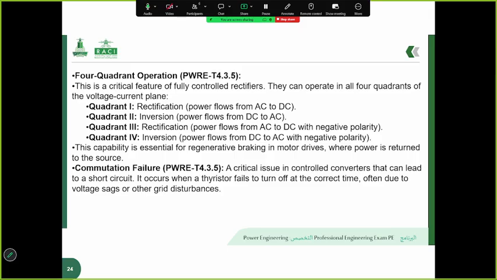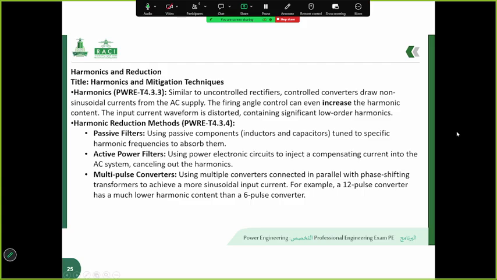This issue is commonly triggered by voltage sags, disturbances in the AC supply, or improper commutation conditions, and it can significantly affect the reliability and safety of power electronic systems.